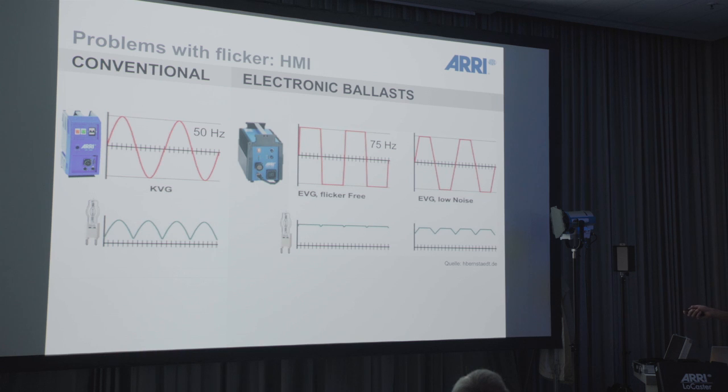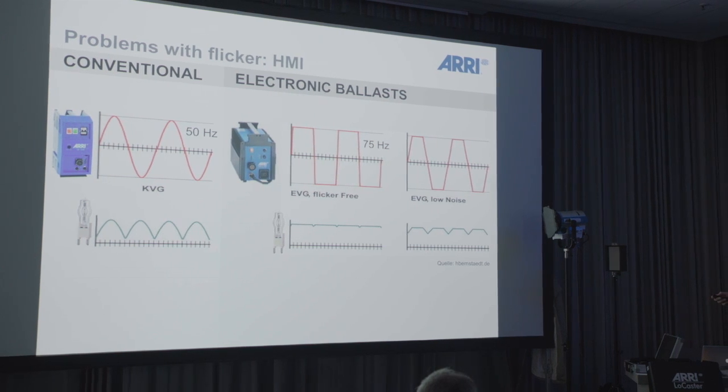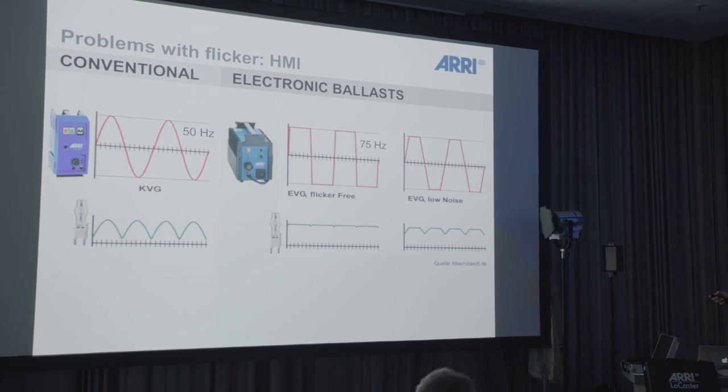If we are on a location shooting, we have electronic ballasts. Electronic ballast is not working with a sine wave, it has a rectangular wave. And this avoids flickering because now this jumping or this wave from one maximum to the other is very quick.